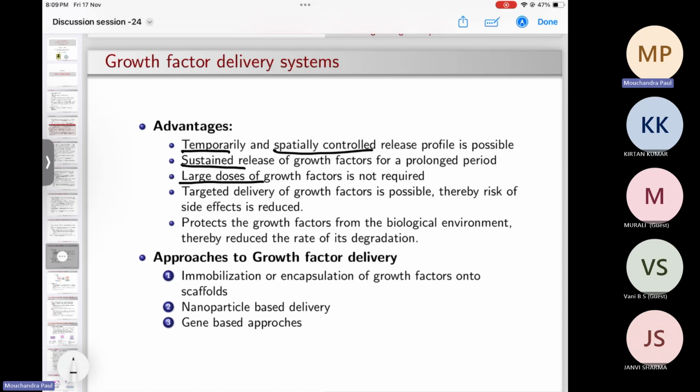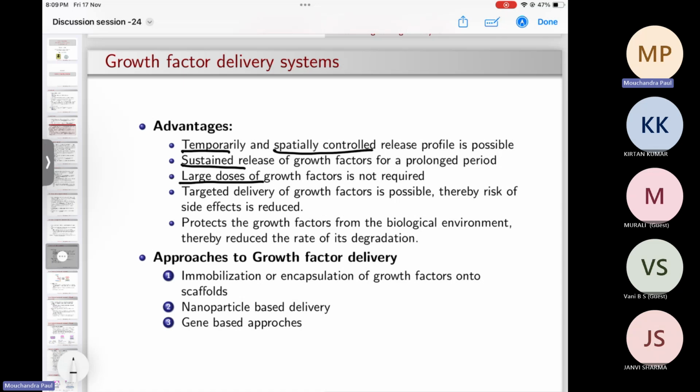So the cost of these growth factors, even a few mgs, is very high. When we are talking about treating a large number of patients at a lower cost, we cannot really afford to inject at high dosage. We want to use smaller doses of growth factors to reduce the overall cost of the treatment.